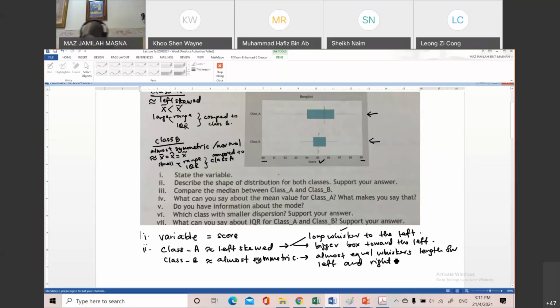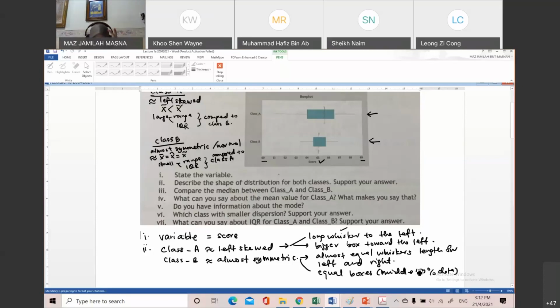I hope it is understandable that way. Or we can say equal boxes that reflect the middle 50% of the data. Okay, so that's how you can support your answer.